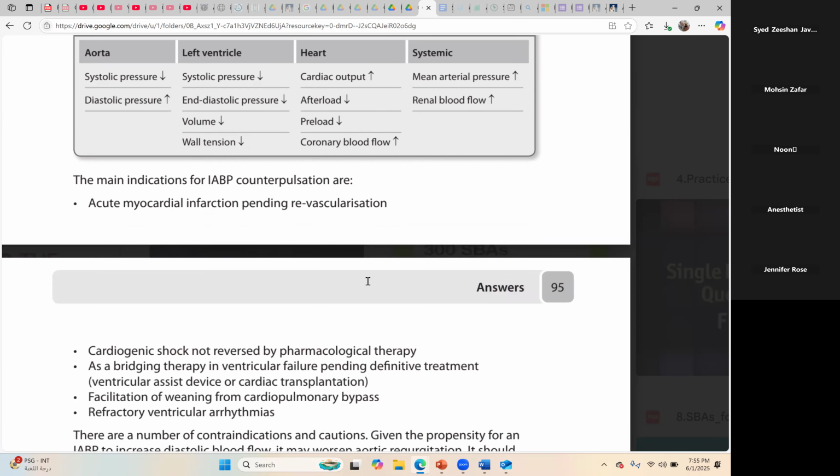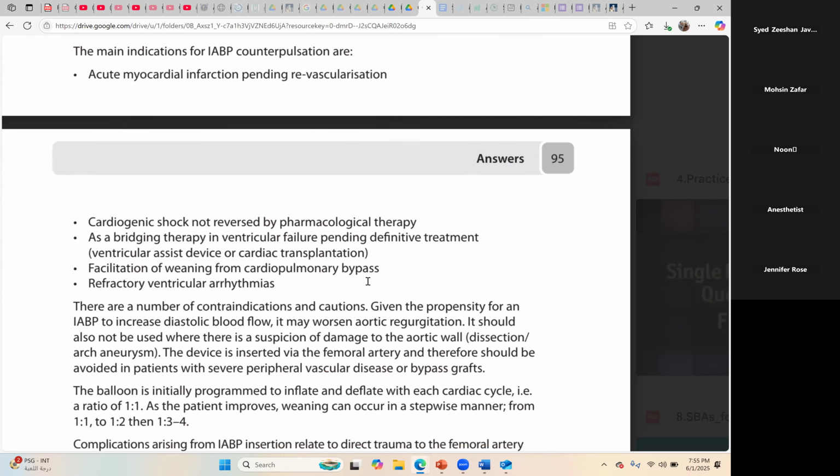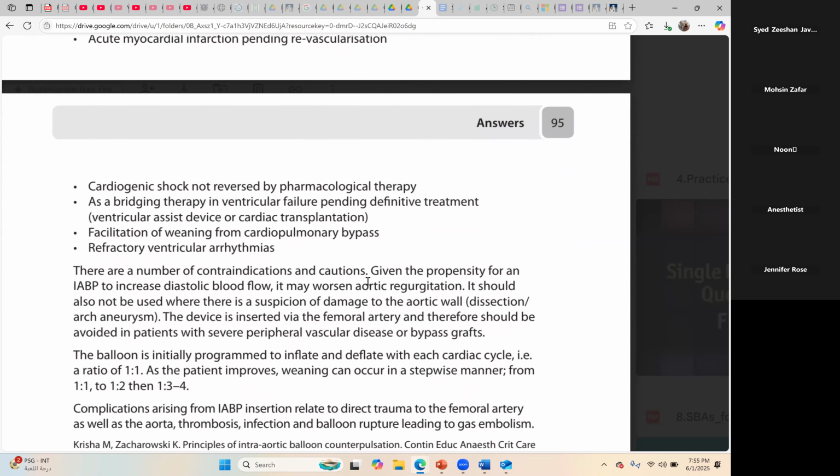Okay. These are the indications and contraindications. Of course, it can cause direct trauma to the femoral artery through which it is passed, as well as thrombosis, infection, and balloon rupture leading to gas embolism. The balloon is initially programmed to inflate and deflate with each cardiac cycle, a ratio of 1:1.